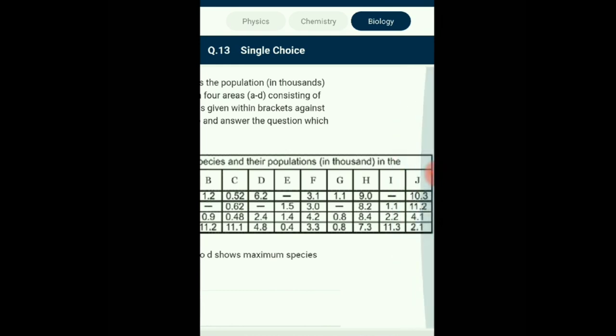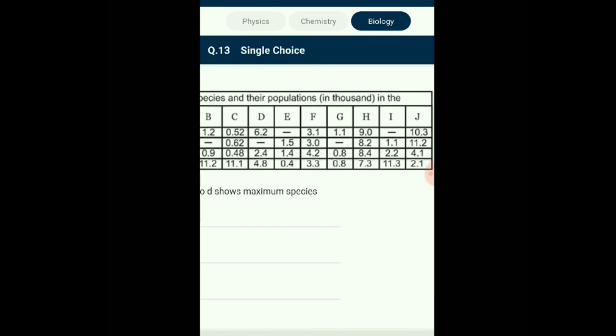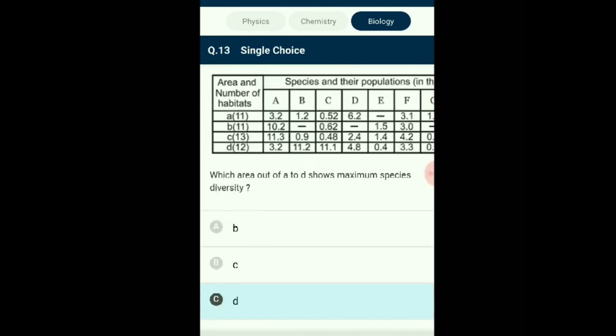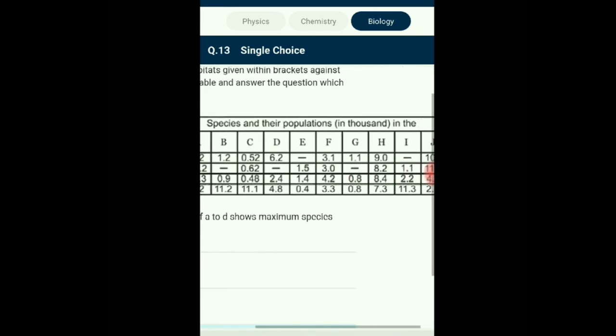Species diversity is a product of both species richness and evenness or equitability. For example, species richness weighed by species evenness. Hence area D, with the number of habitats 12, shows the maximum species diversity. So the answer is option C. From the given table column, the area D shows maximum species diversity.